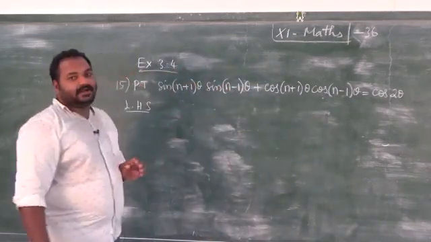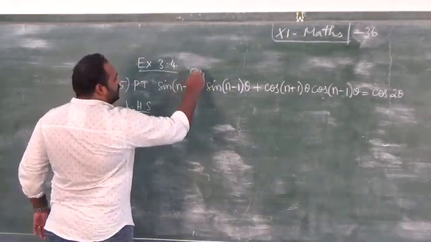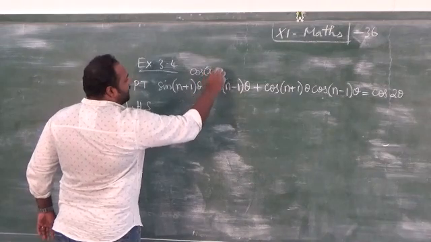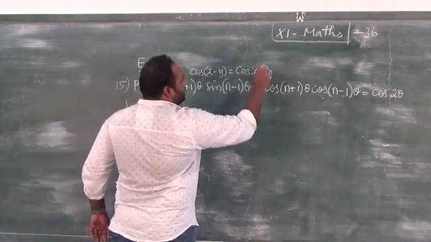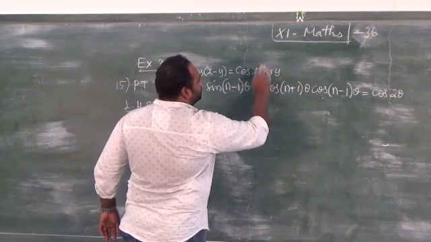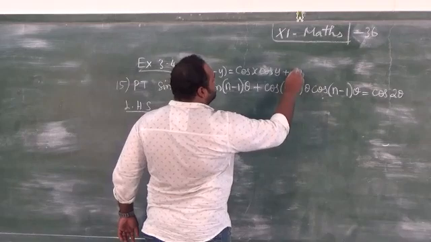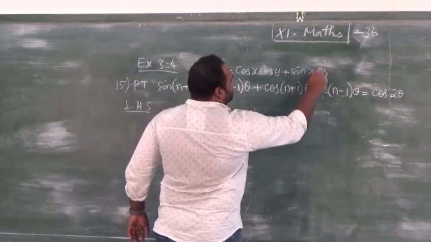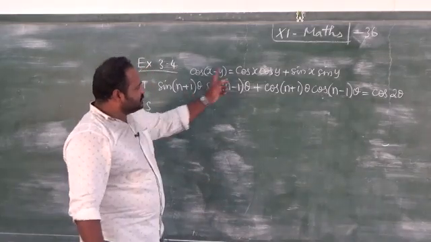It is a formula for cos of x minus y, which is cos x cos y plus sin x sin y. So this given LHS is according to this formula.